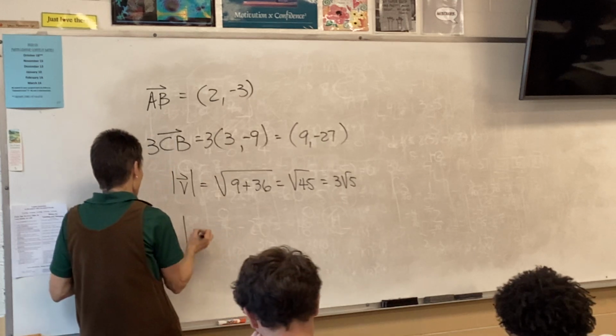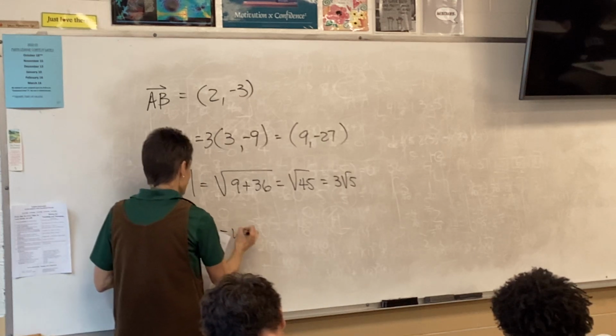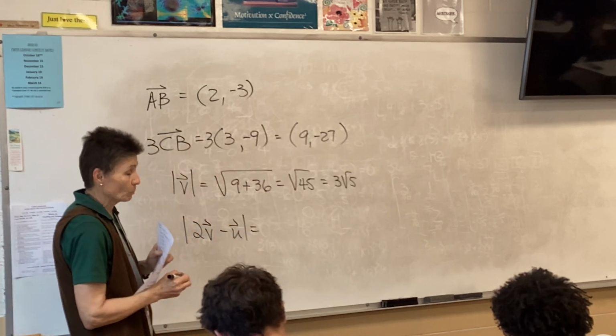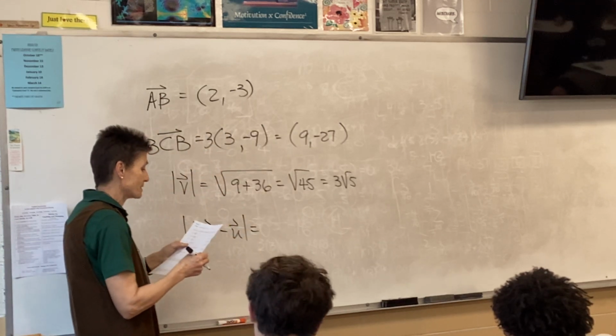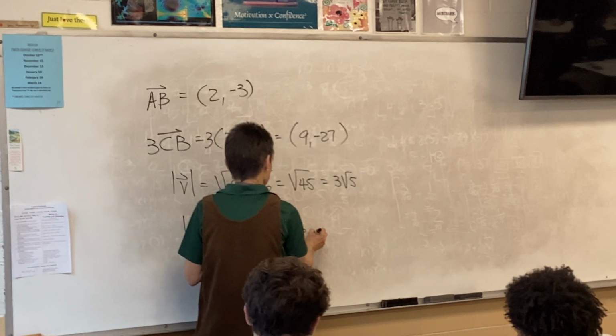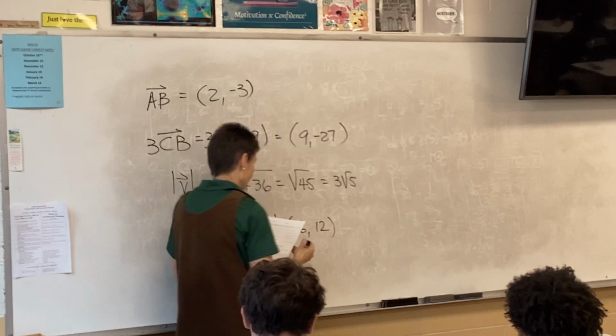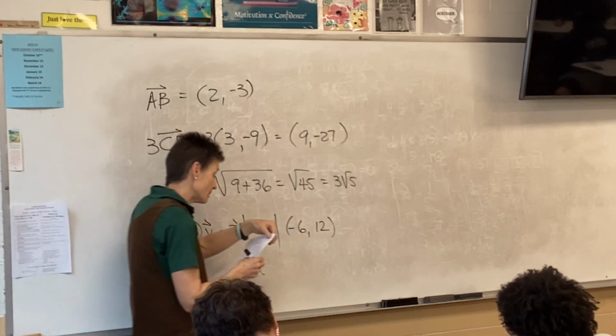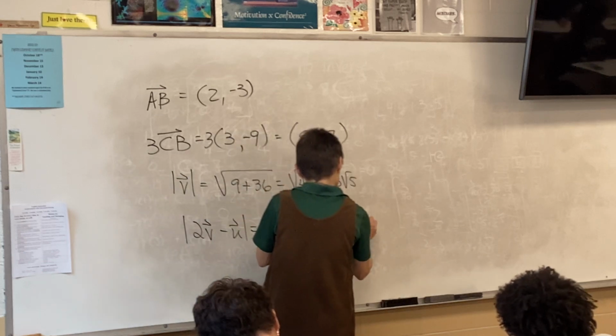Okay. Now, 2v minus u. Better figure out what that is, and then we'll find its magnitude. So what's 2v? 2v is -6, 12. And u is 1, 5.